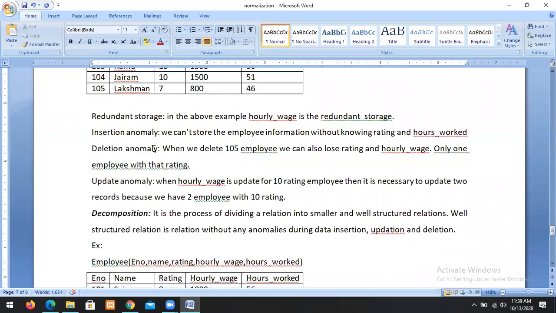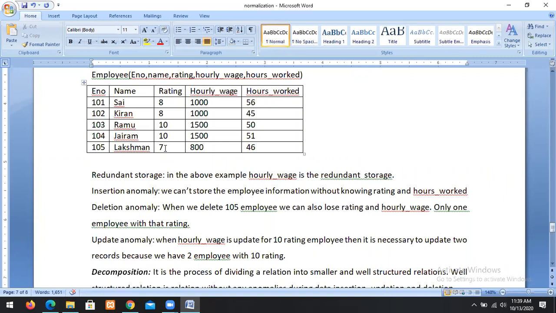Then deletion anomaly: when we delete an employee's information, we can also lose the hourly wage. For example, if we delete employee 105, we can lose the rating 5 employees' details also. That's what we call deletion anomaly. So these are some problems.